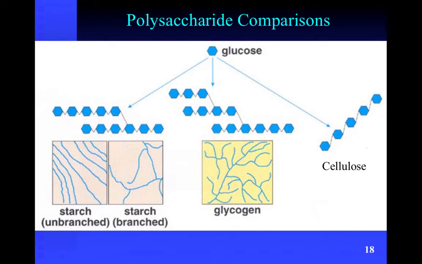The other advantage of that is when glycogen is broken down, the enzyme starts on the end of the molecule and works its way inward. So the more ends you have, the faster that those enzymes can work to break down glycogen. And as you can imagine, it's advantageous to be able to go from glycogen to glucose if we are trying to perform high-intensity exercise.